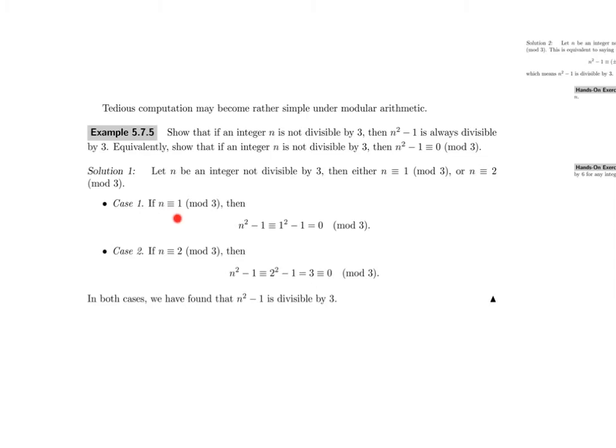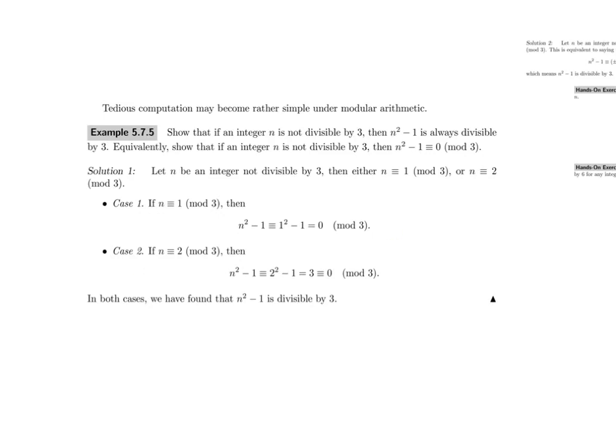Case 1, if n is congruent to 1 mod 3, then n squared minus 1 is 1 squared minus 1. Notice n is congruent to 1 mod 3, so I can replace the n with a 1. And so we get n squared minus 1 is congruent to 1 squared minus 1, which is just 0 mod 3. And that's showing, again, that n squared minus 1 is divisible by 3 in this case.